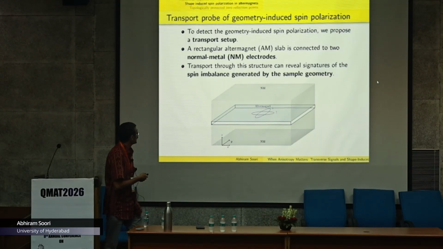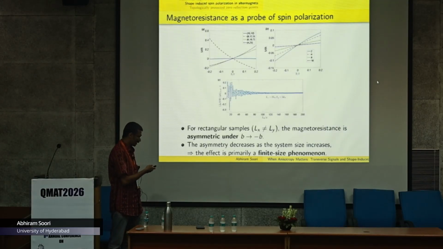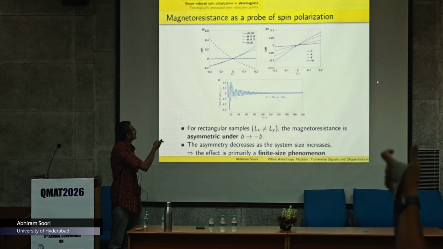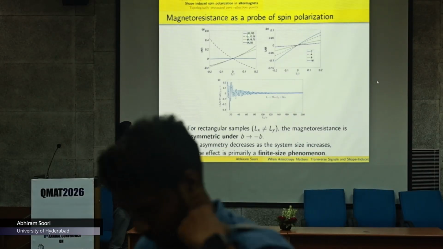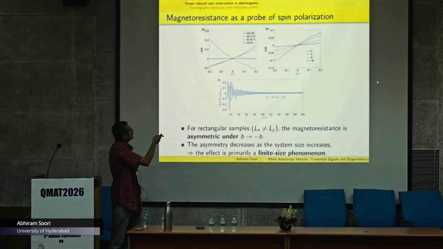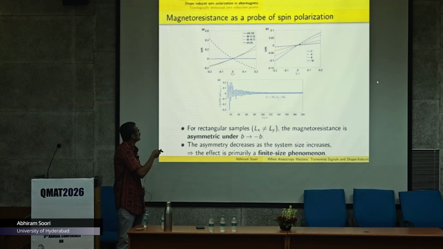This is the plot of magnetoresistance versus the magnetization, for different choices of Lx, Ly. When the sample is square, like 10 by 10, the magnetoresistance versus magnetization is very much symmetric.